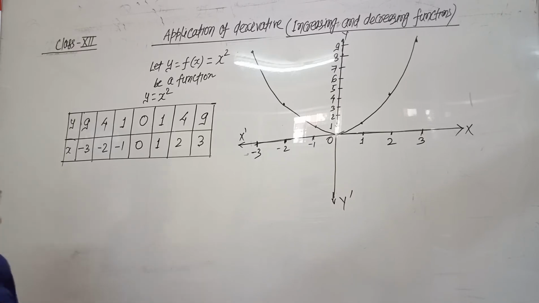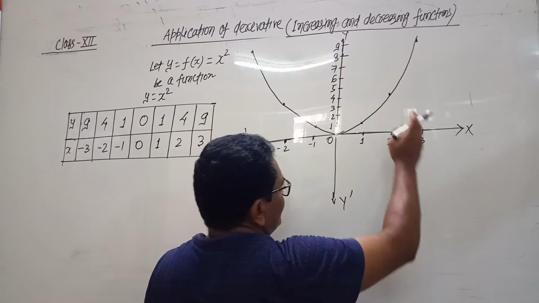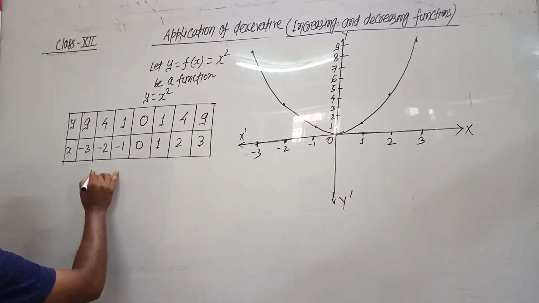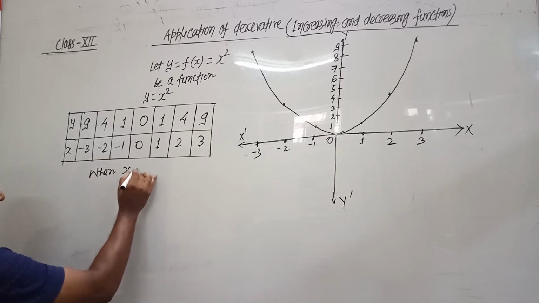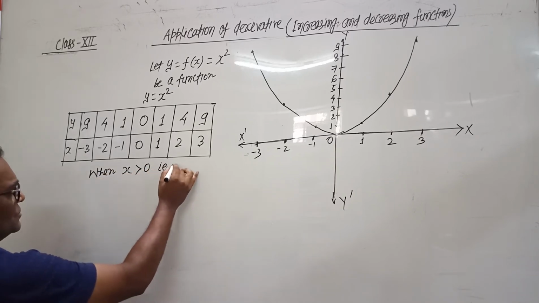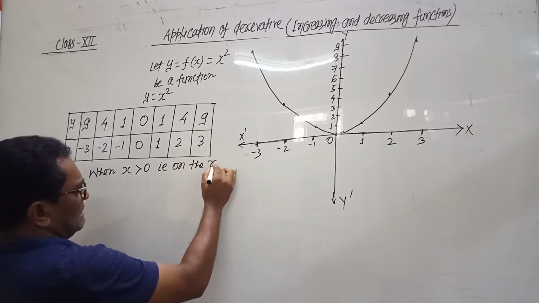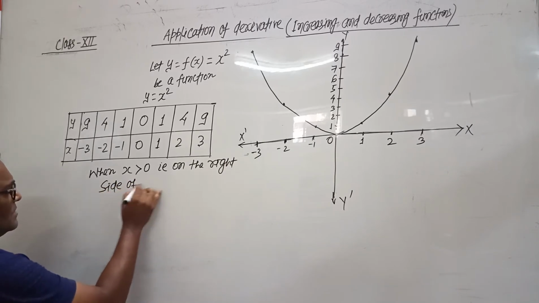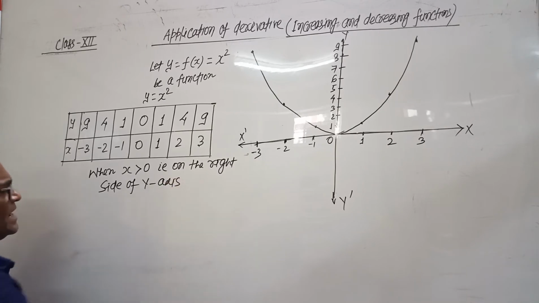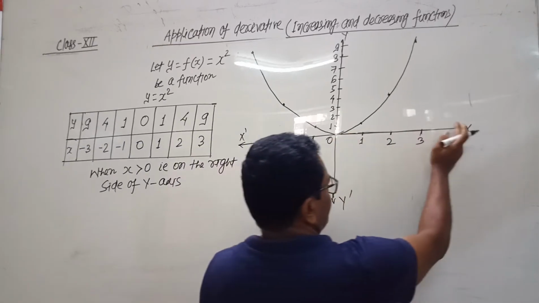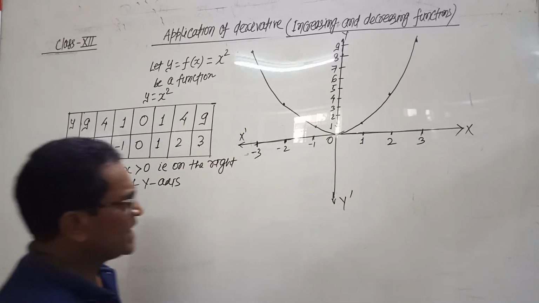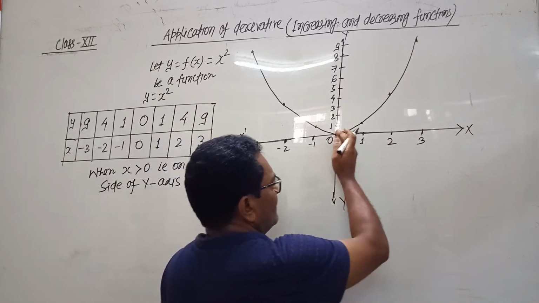So we will talk about the right side of the origin, when x is greater than 0, that is on the right side of the y-axis.